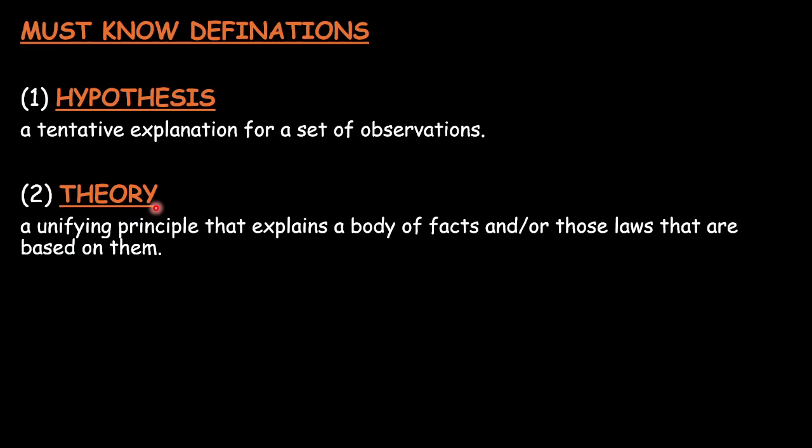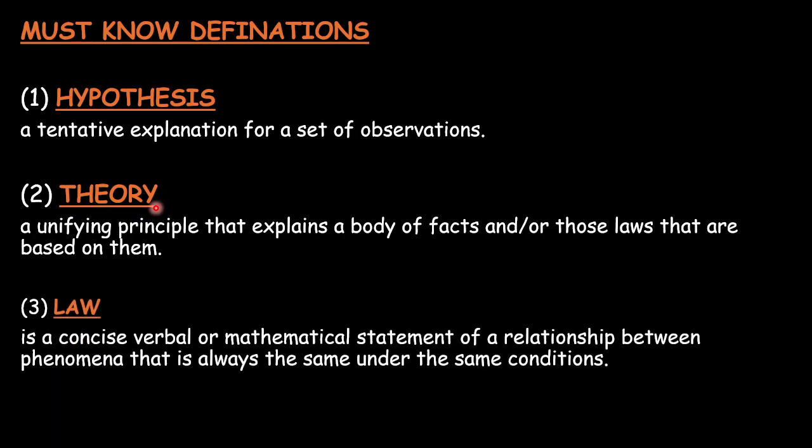And one other important definition that you need to know is what we're calling a law. A law is a concise verbal or mathematical statement of a relationship between phenomena that is always the same under the same conditions.